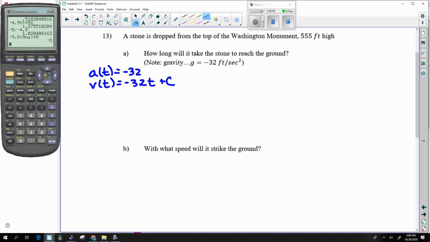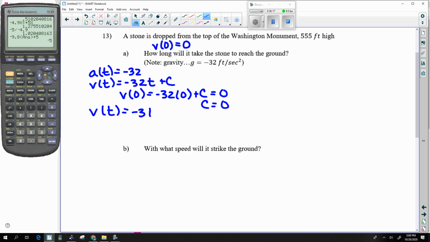And so the velocity, again, it's dropped. So because it's dropped, that means at time 0, the velocity is 0. And so the velocity of this dropped thing is -32t.